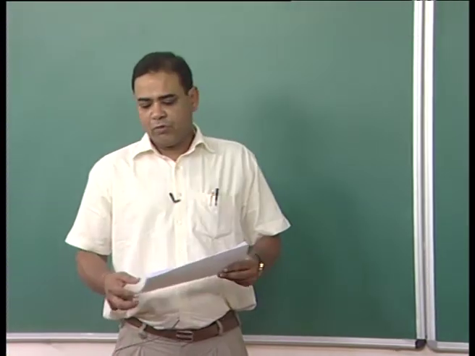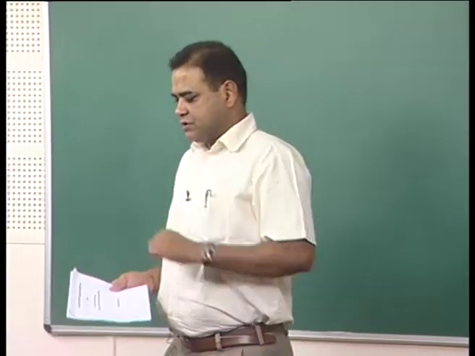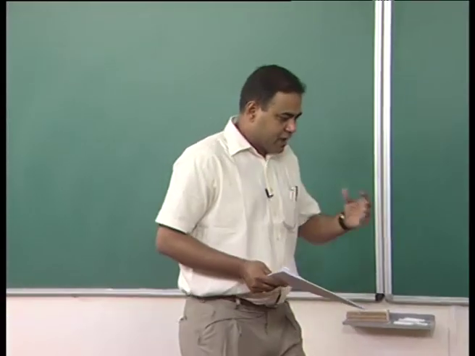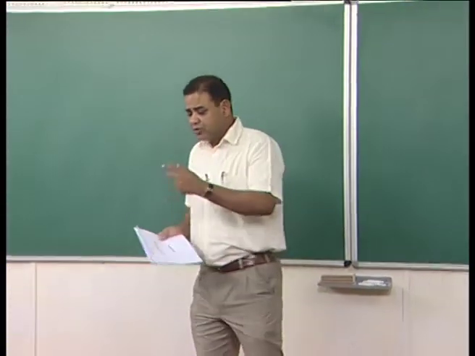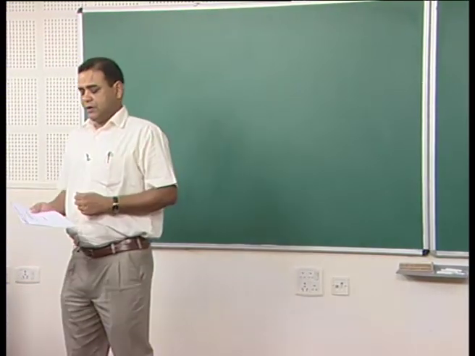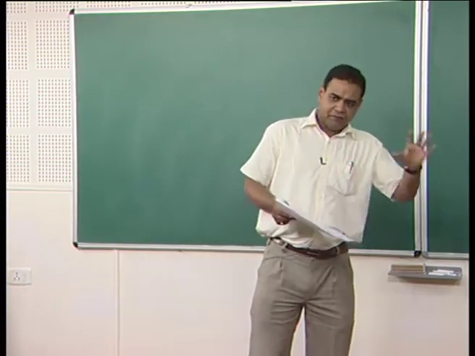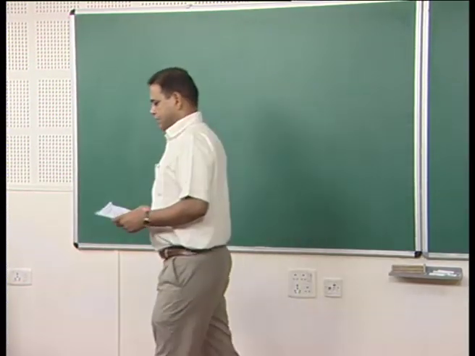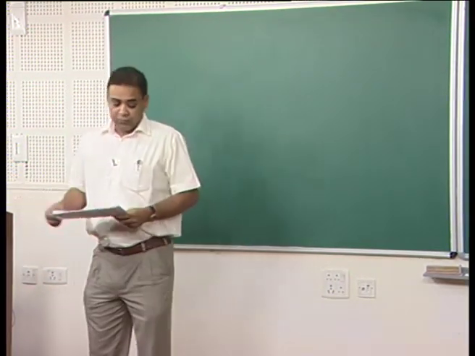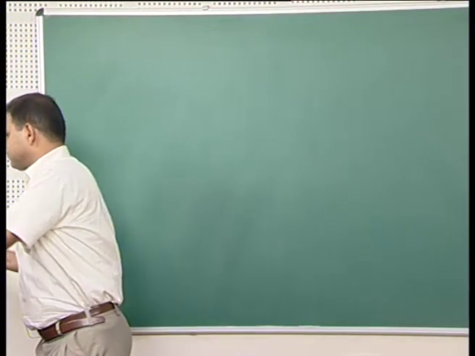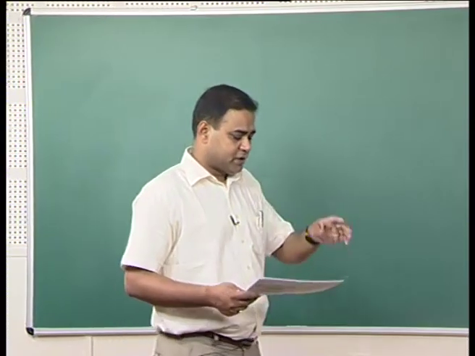Now, in the last class we have also seen the course structure, and we have already started the electrochemical aspect of material degradation. We have seen that there are different forms, and there are many factors which decide those forms of degradation.